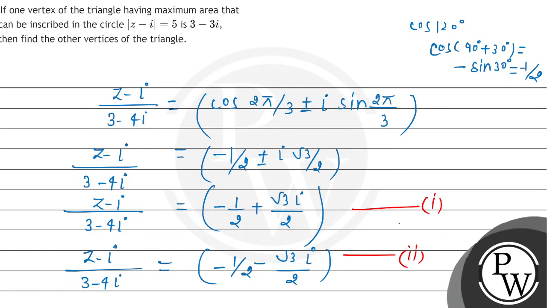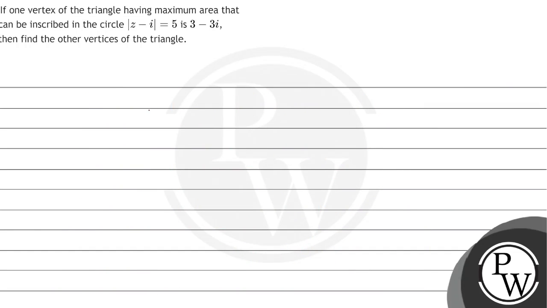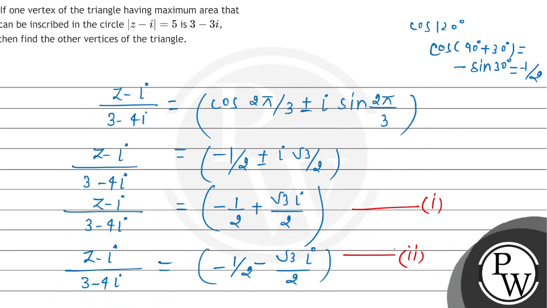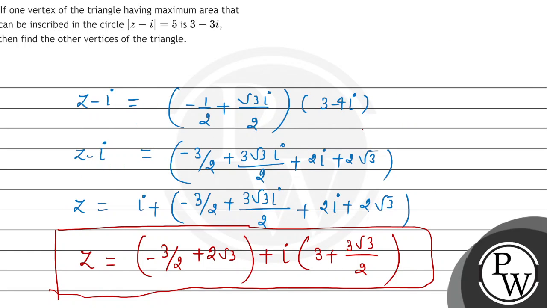Now we'll solve for equation number 2 and get the value of z. We'll get 3/2 - 2√3 + i(3 - 3√3)/2. This is the negative part, the solution of equation 2.